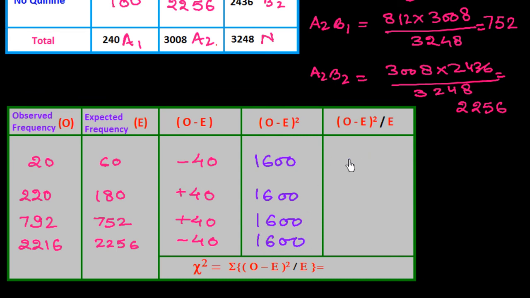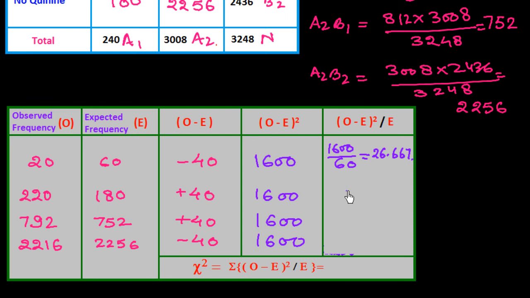Now we divide this O minus E whole square by the expected frequency. In this column we write O minus E whole square divided by E. So 1600 divided by 60 gives 26.667.